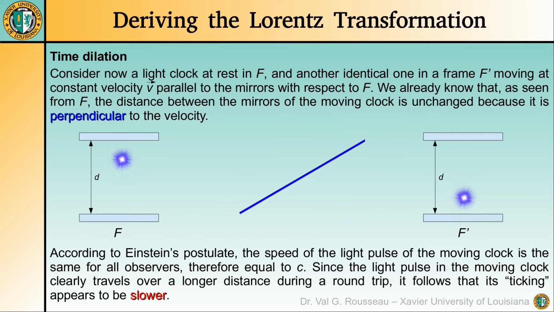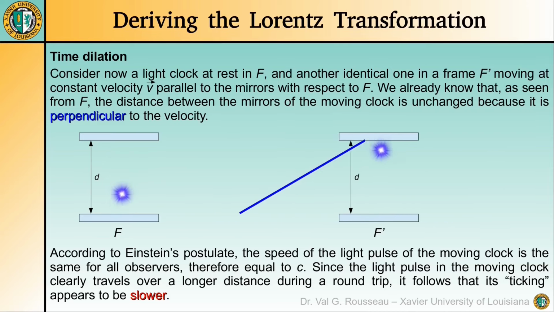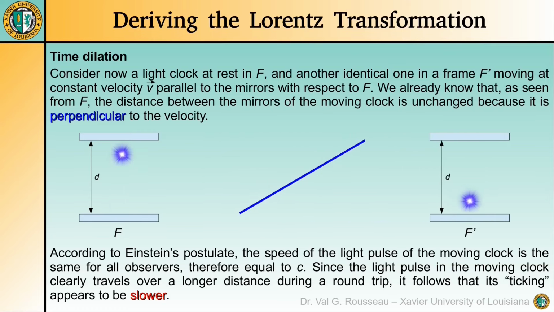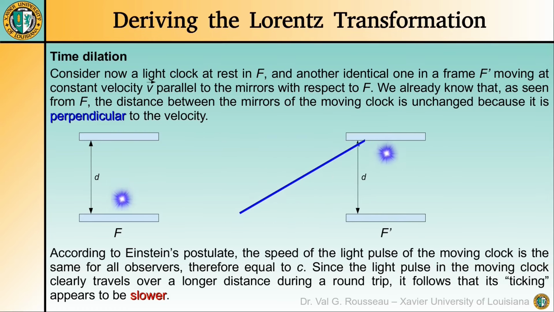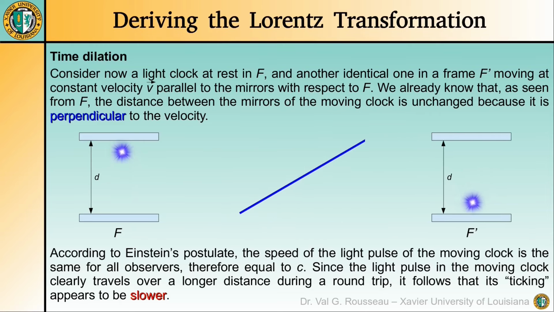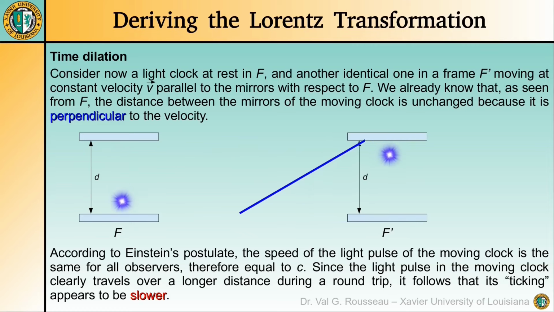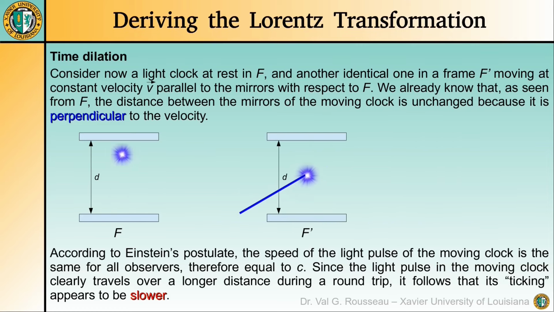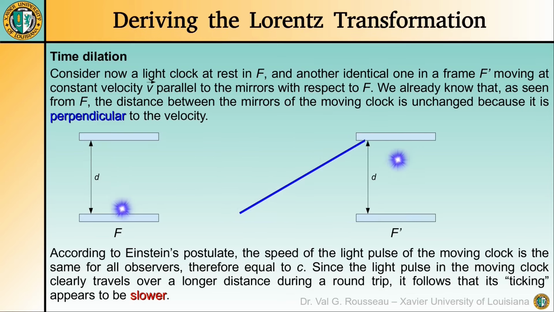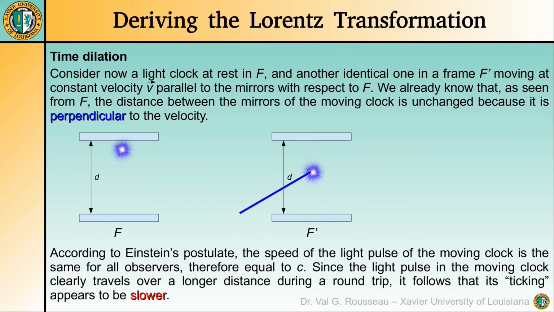The fact that this path is straight and oblique is obvious, not only from this animation, but also from the fact that there can't be any vertical acceleration of the pulse, since there is no acceleration of the moving clock with respect to F. And the horizontal component is just the velocity of the moving clock, which we explicitly defined to be constant.